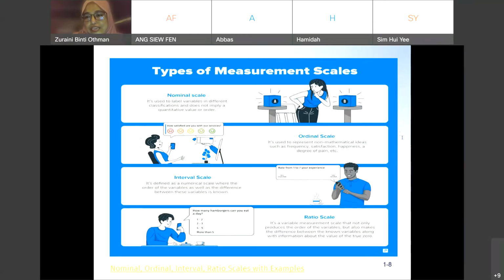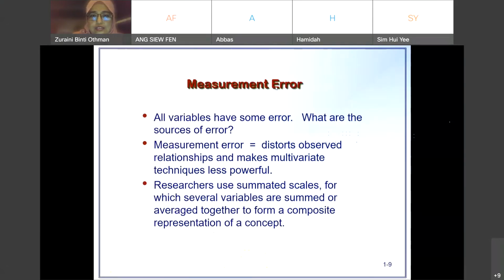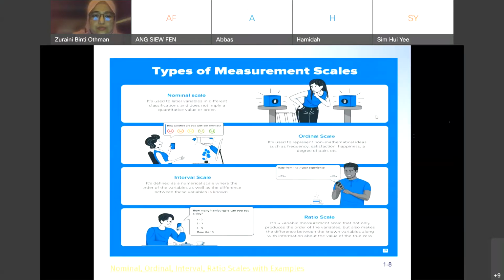Sim Hui. Yeah, you can just call me Sim. Actually, you may see my recorded version if the internet connection is a problem in your area. But if the problem is from me, then we have to wait. Okay. Sorry. It's okay.